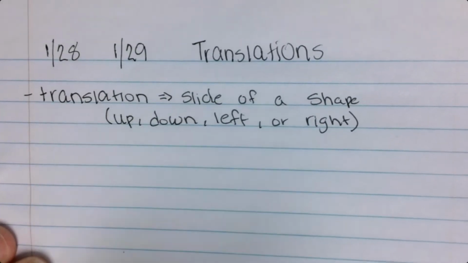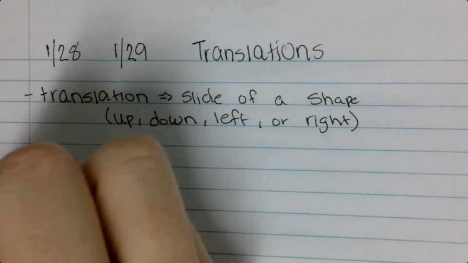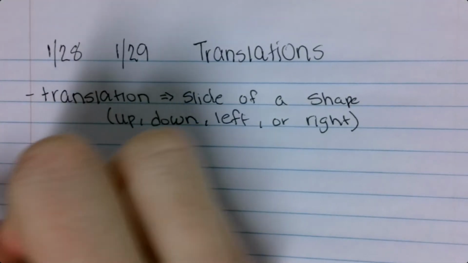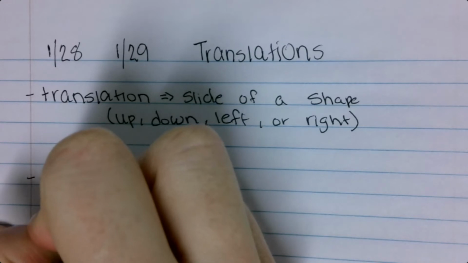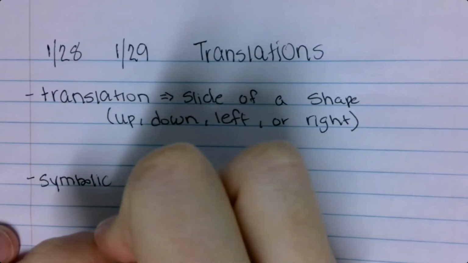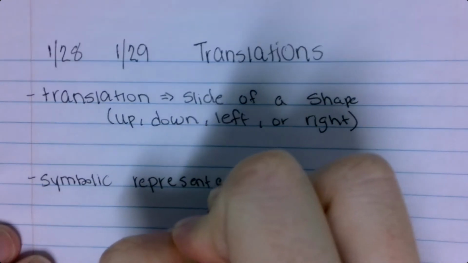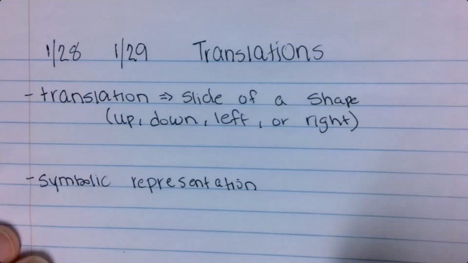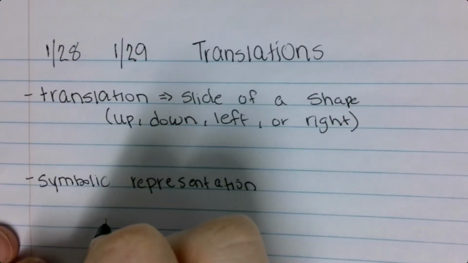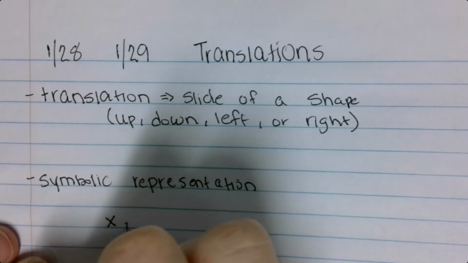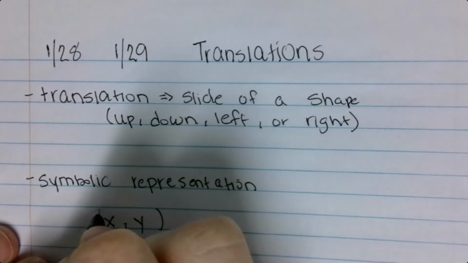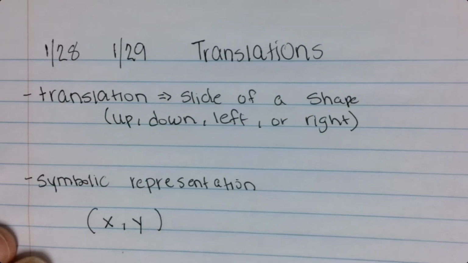So we are going to look at how to write this in a symbolic representation. You know that all coordinates are x comma y, right? That should not be anything new.